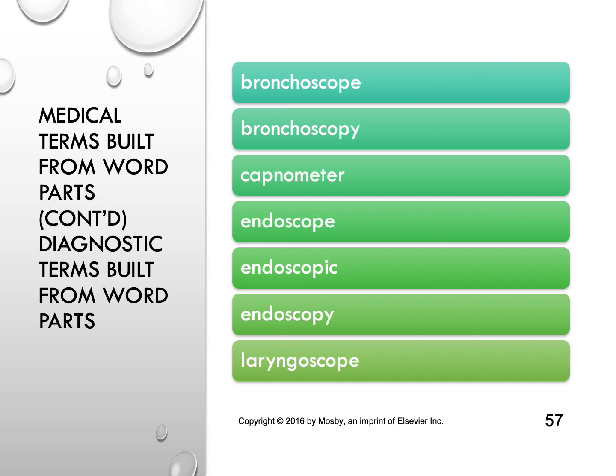Here we have a bunch of different scopes, scopies, and scopics. Remember, this has to do with either an instrument that's viewing a specific structure or cavity, the process of viewing it, right, or the actual procedure name.